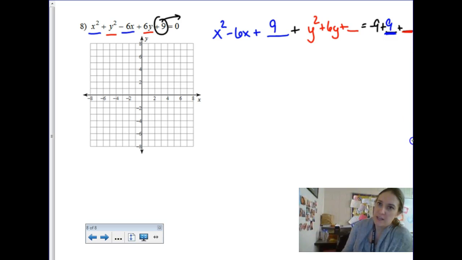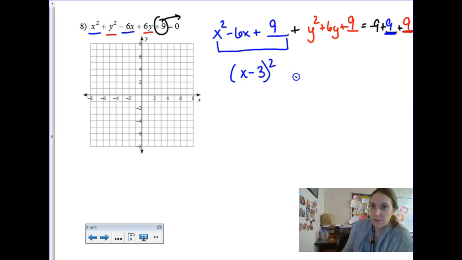And then half of positive 6 is 3, 3 squared is also 9. But the factors are going to look different. This is very similar to the last problem where the factors were almost identical, but one is x minus 3 squared, and then the next one is y plus 3 squared. And then negative 9 plus 9 plus 9 is 9.